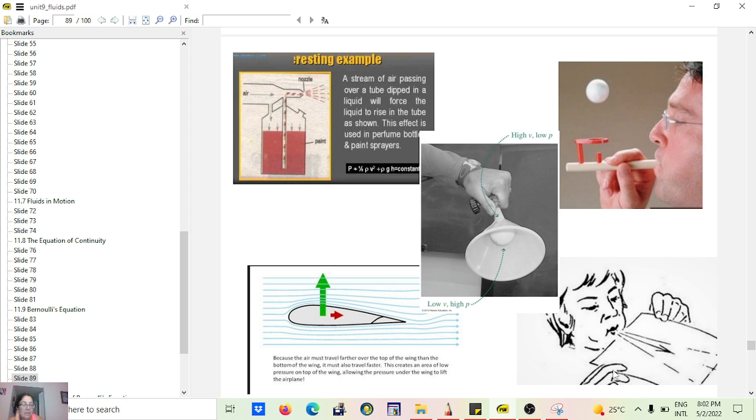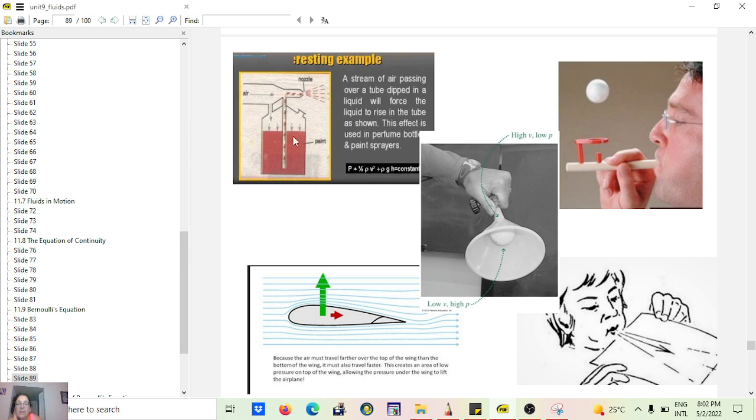You can do this. You can take a piece of paper, you blow above. So that's going to be low pressure here, so high pressure is going to push underneath. It's kind of the lift here. So the paper is going to go up. Example also of a perfume.